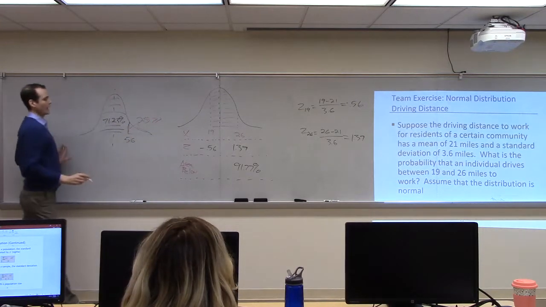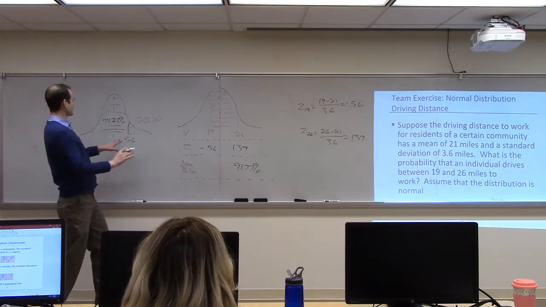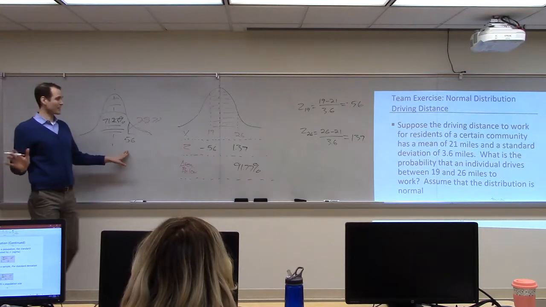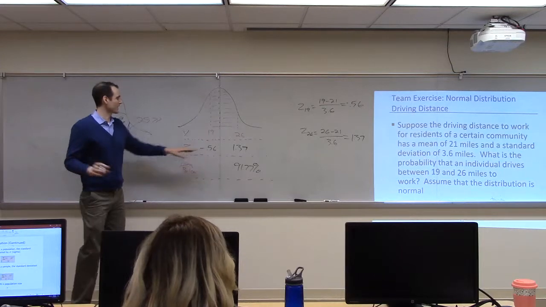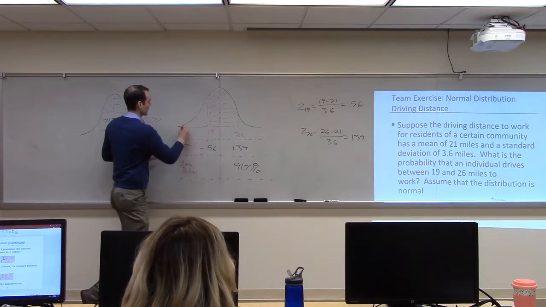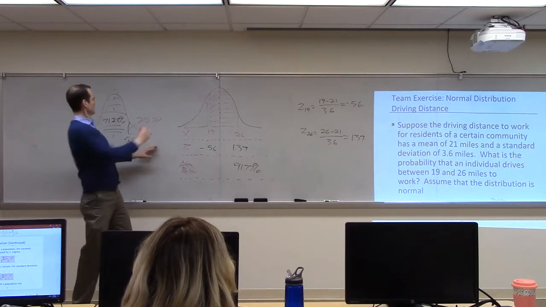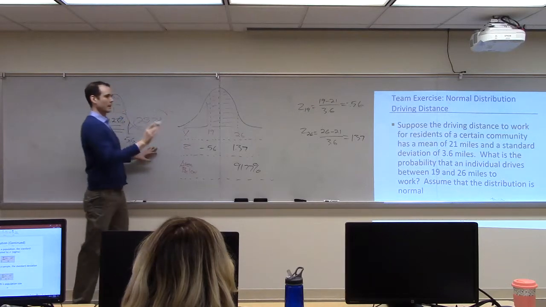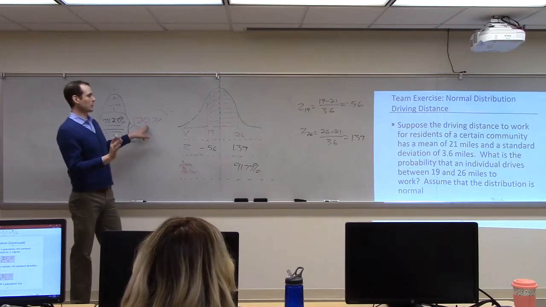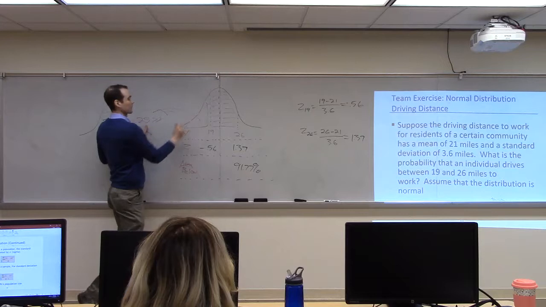Right. Okay, so if instead of positive 0.56 we had negative 0.56, what would be this little area below? The same thing, but not negative, it would be 28.77%. Right.